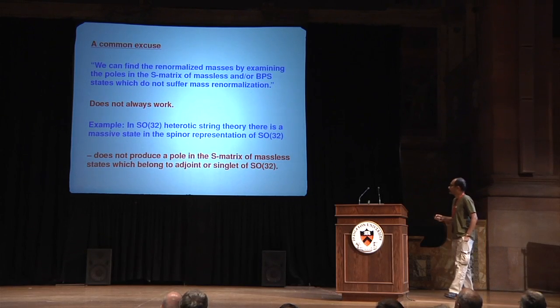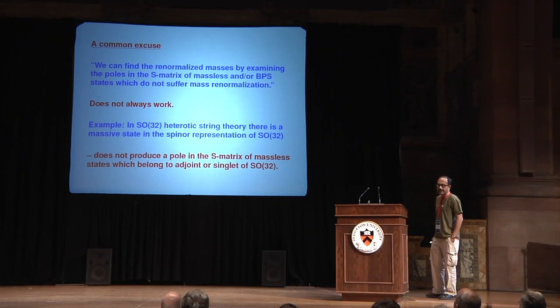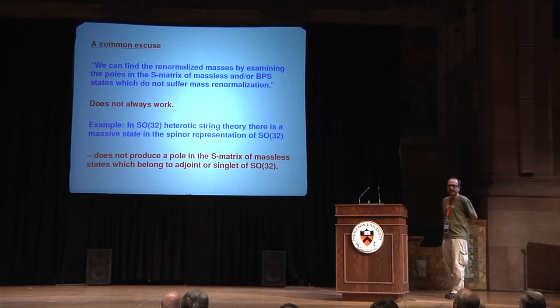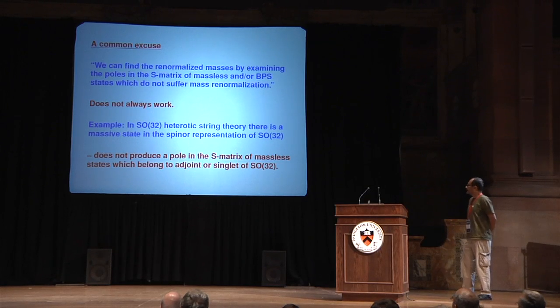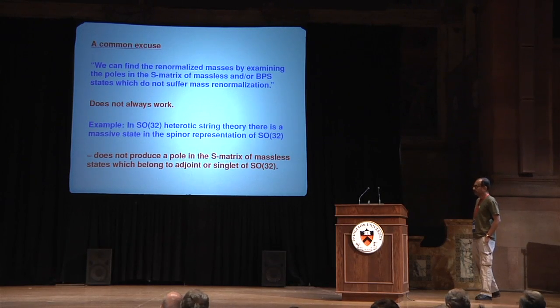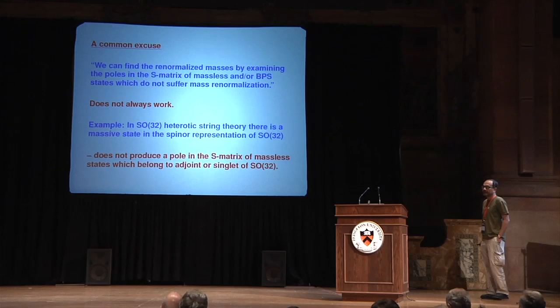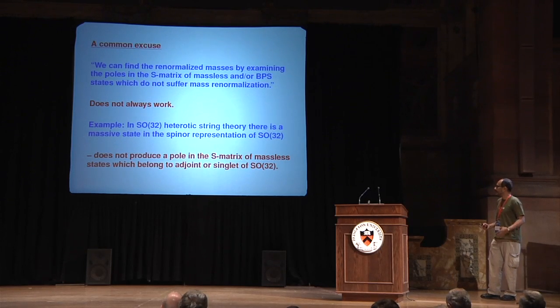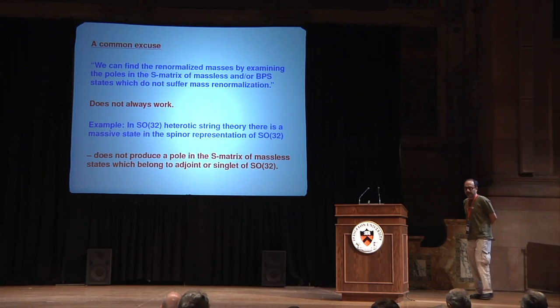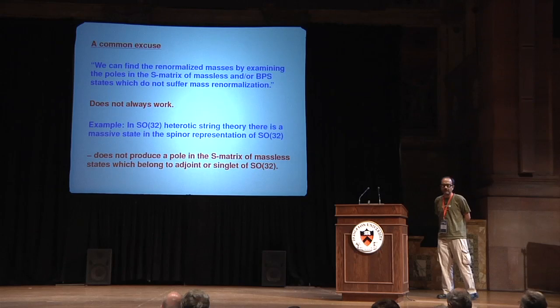Now a common excuse that is often used for not addressing this problem beyond tree level is that we can find the renormalized masses by examining the poles in the S matrix of massless or BPS states which do not suffer mass renormalization. So the idea is that we only deal with those particles in the external state whose masses are protected, and then everything else we calculate by factorizing the corresponding S matrix element.